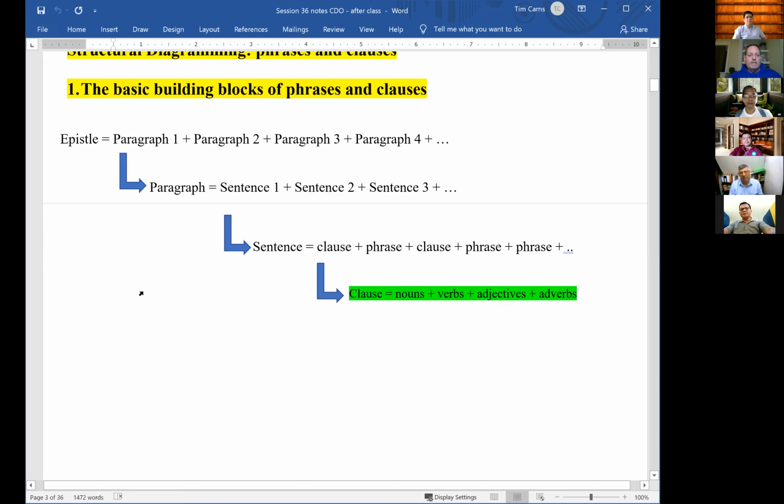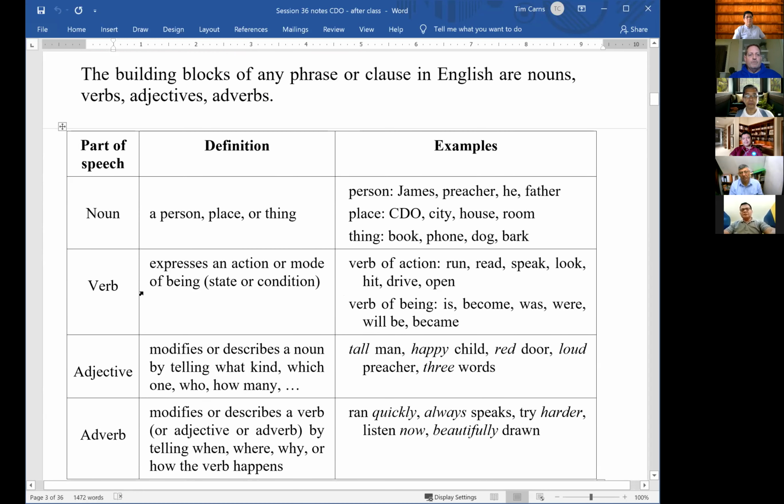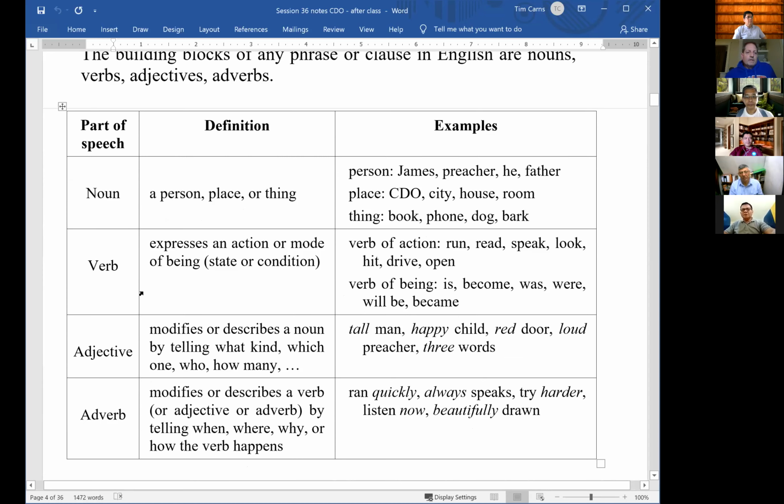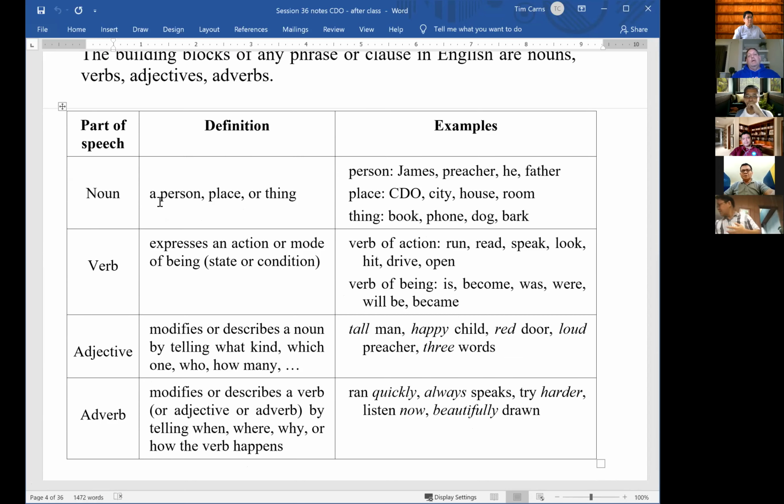We defined, or I reviewed with you, what the noun, verb, adjective, and adverb are. Remember, noun: person, place, or thing. Then there's a verb, and again, two kinds of verbs: the verb of action and the verb of being. Technically, in English grammar, these have more technical terms, like transitive verbs, intransitive verbs, helping verbs, but I'm trying to keep things simple and straightforward.